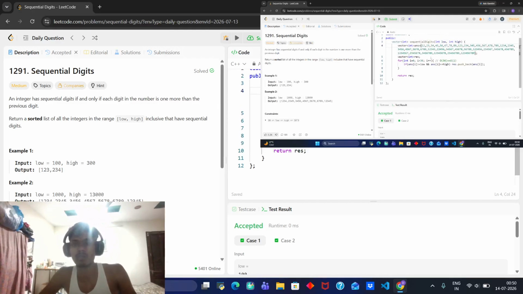Now let's talk about the space complexity. We have used a vector to store the 36 elements. That also tends to almost constant space complexity.